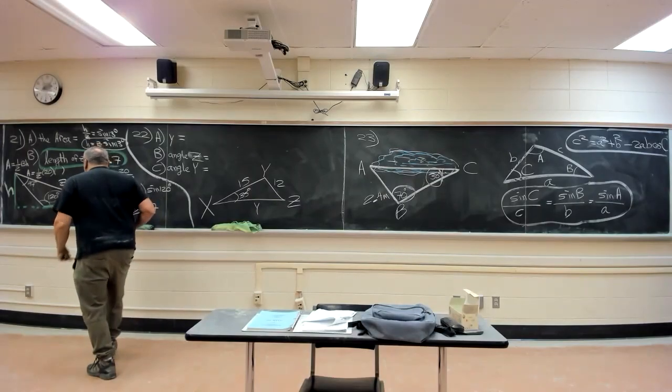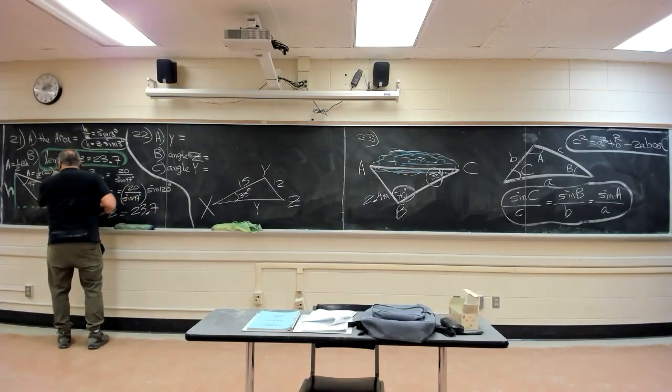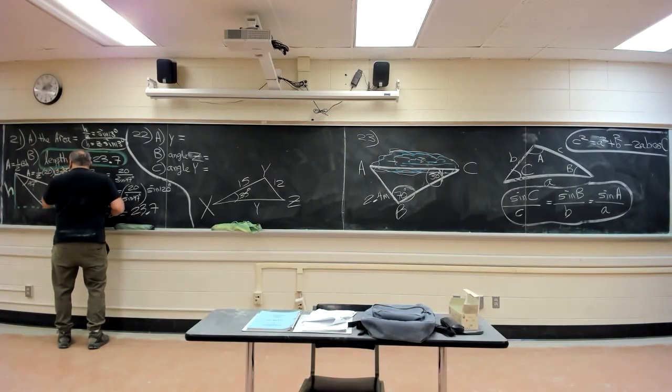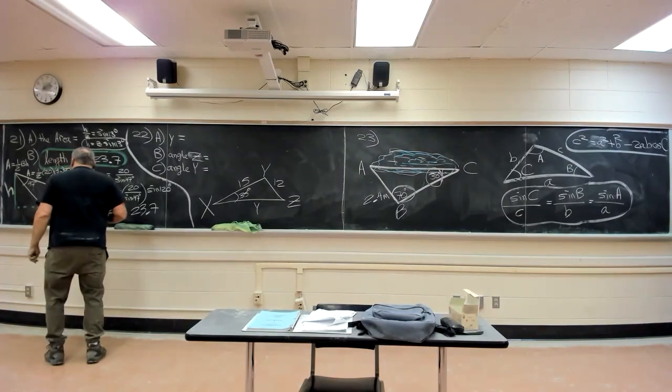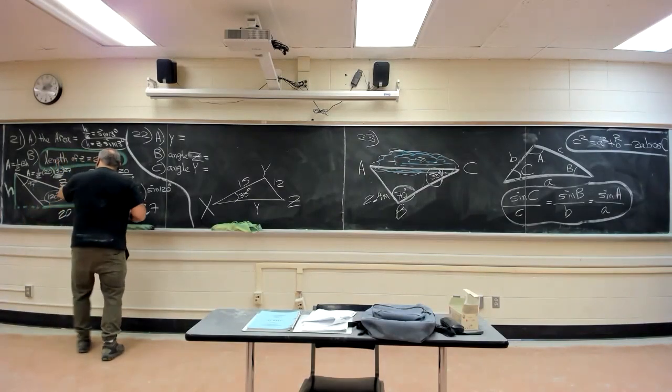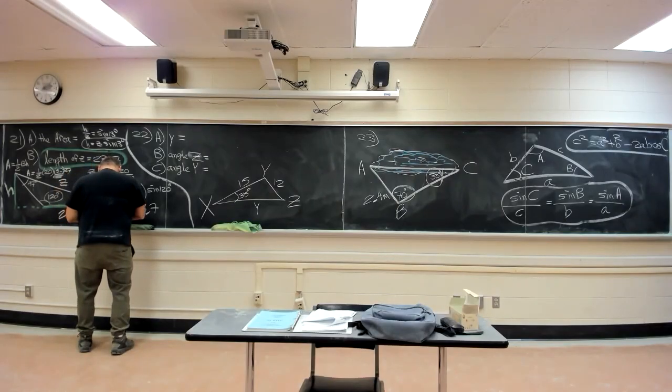That's good because that's what I'll put right here: 5.327. So we're going to do the height, which is 5.327, times 20, times 1/2, 53.2747.